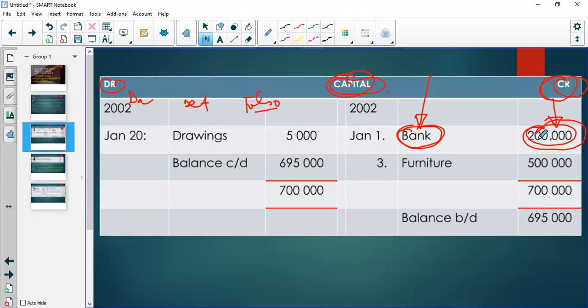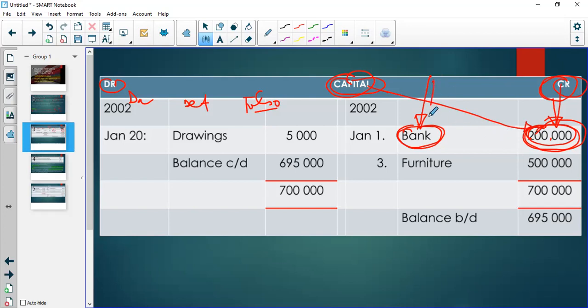Because it's double entry, for each credit entry there has to be a debit entry, and for each debit entry there has to be a credit entry. So we've made a credit entry of 200,000 on the credit side of the capital account. Now we need to know which account was debited.